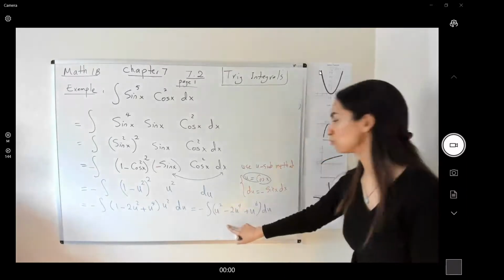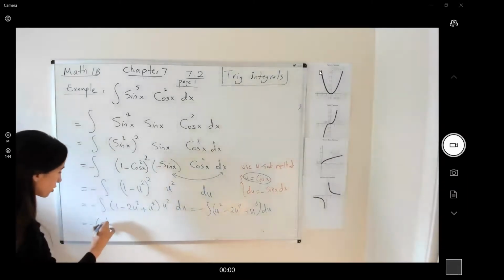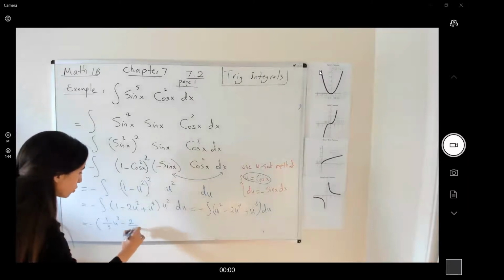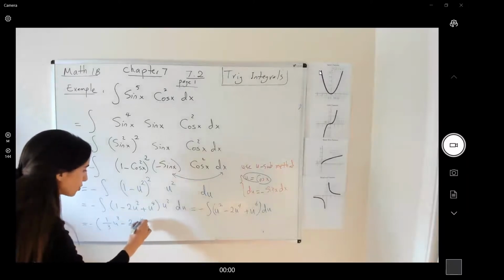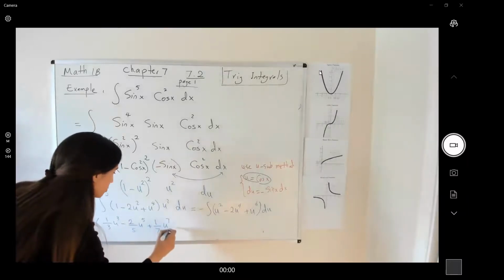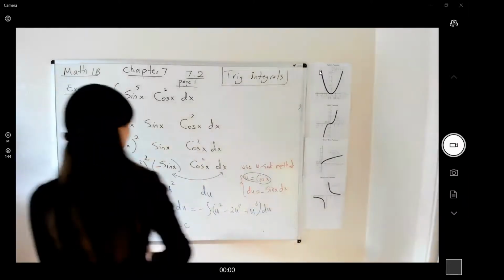This is easy to work with. This is minus a third u to the third minus 2 over 5 u to the 5th plus 1 over 7 u to the 7th plus constant of integration.